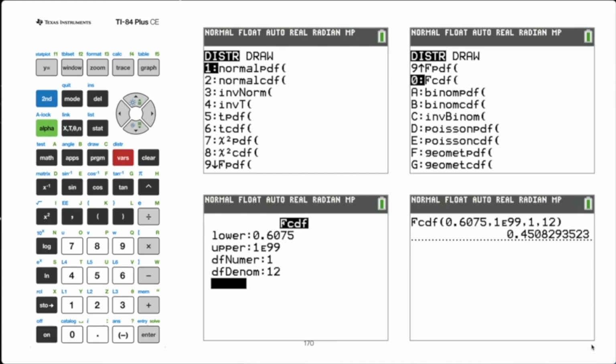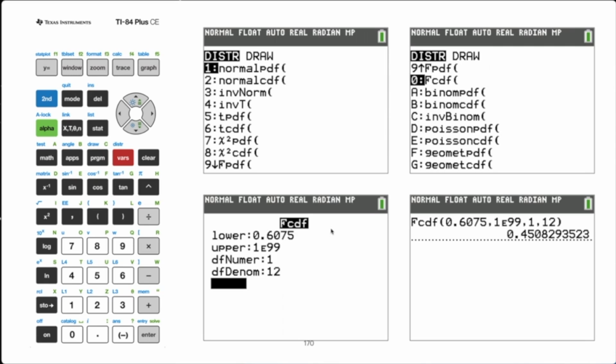One thing I do want to show you, though, is how I calculated the p-value using the TI-84. And so again, here I've got the TI-84 calculator screen. If you press the second VARS key to get to the distribution menu, and then scroll down past 9, you'll see that option number 10 is the CDF for the F distribution.